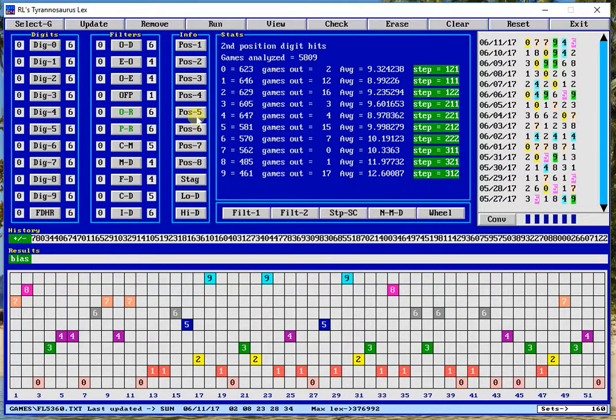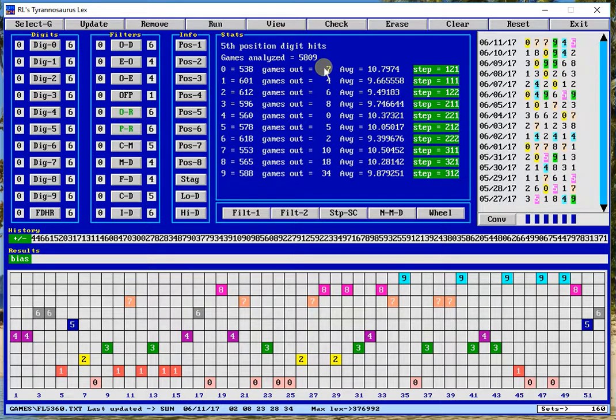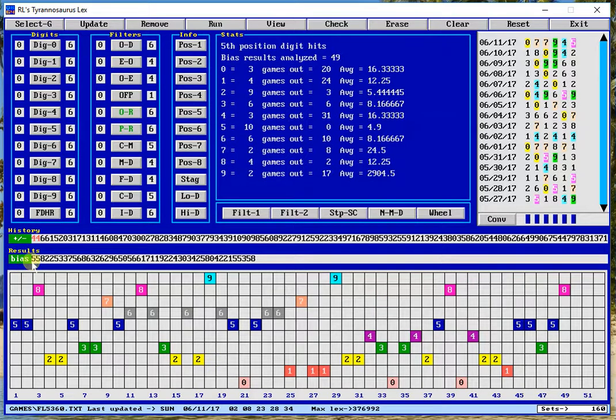Again, this is, let's do position 5. You can see in position 5 the 446615, and the bias is showing you what has followed. If I just click 2 of them, these numbers here have followed it.